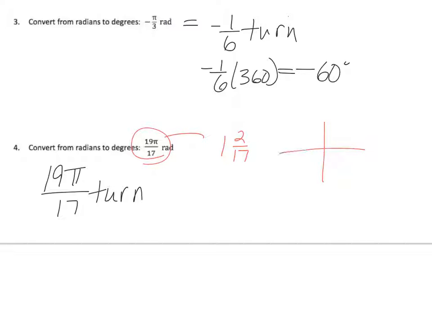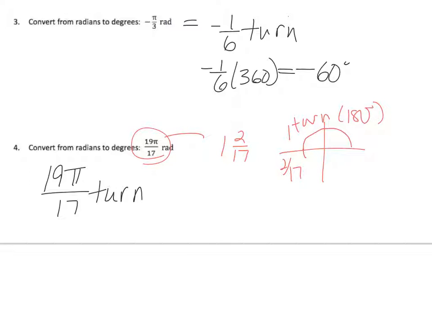If I look at my unit circle, I'm going 1 and 2/17. So this would be 1 half turn, which is 180 degrees, and then 2/17 of a turn. So really we're trying to figure out what the whole degrees is.